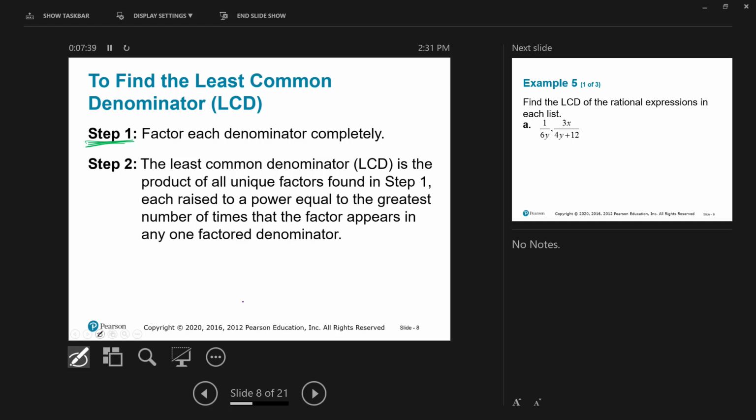My second step is to make the denominators look the same.